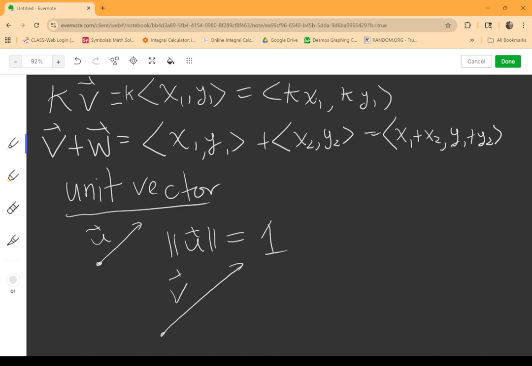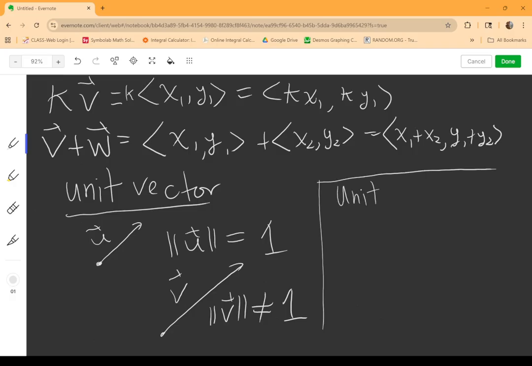So here in this case, let's assume v is not a unit vector, so it's not of length 1, some other length. I can easily find a unit vector that is in the direction of v. Let me write that down. A unit vector in the direction of v.